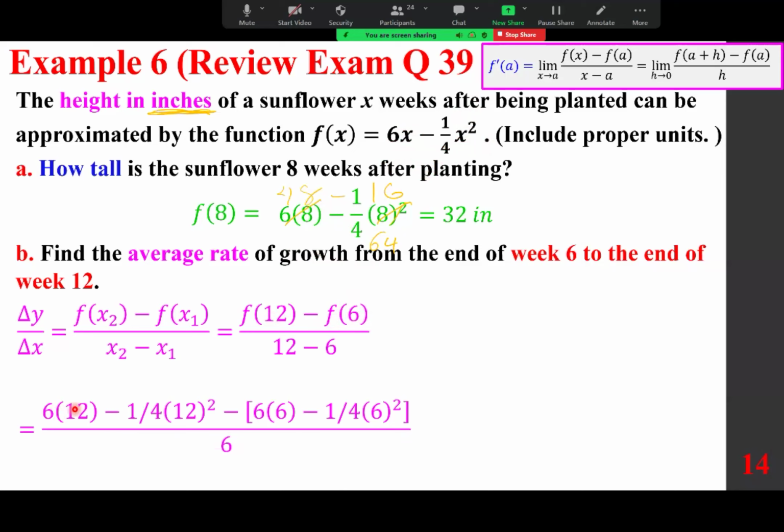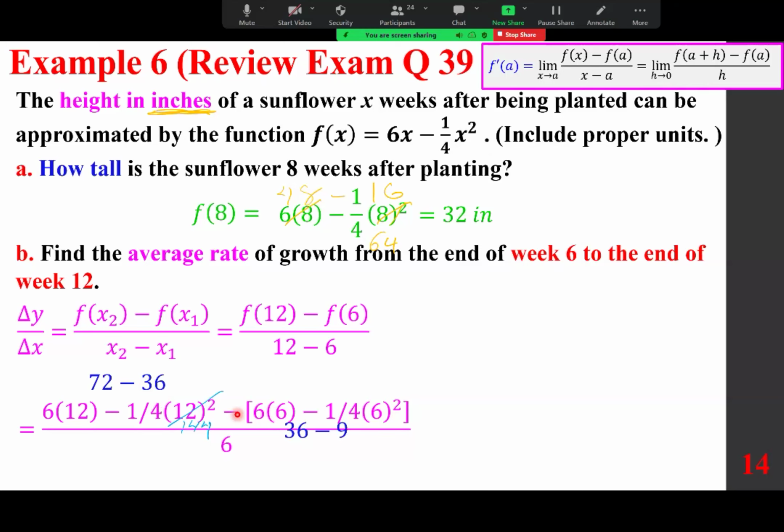So you have 72 here. This is 144, so 1/4 of it is 36. You have 36 here. 1/4 of 36 is 9. So we have 72 minus 36 here.